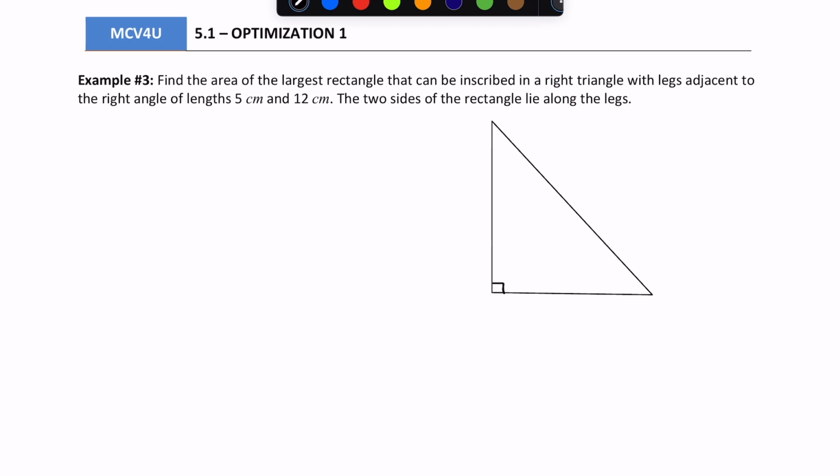Here, we'll label this triangle as A, B, and C. And so here we'll have our rectangle that is inscribed inside the right angle triangle. This means that it looks something like this. And here we'll label this as the length and the width.